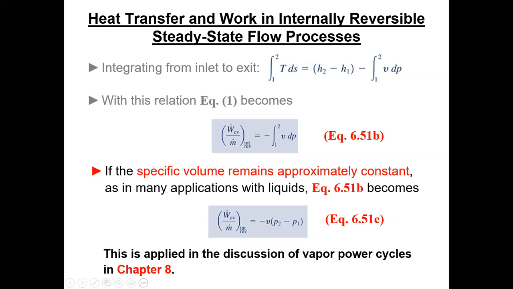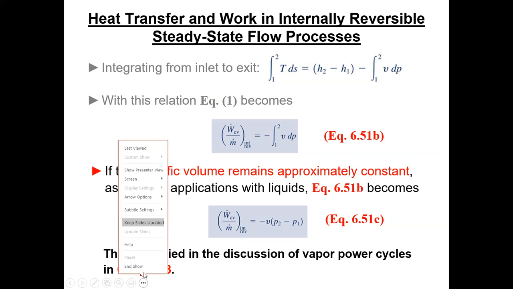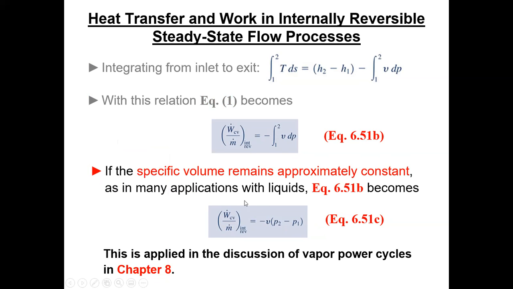So then we get minus v times the integral of dP, and bingo, you're in good shape with this relation. That's what we use on the pump, and we just throw away the minus sign because that's tied up in the thermodynamic definition of positive work. But we know when you run a pump that the work's going in, right? And if we're doing a gas, we'll use the relation up here because specific volume is not constant.